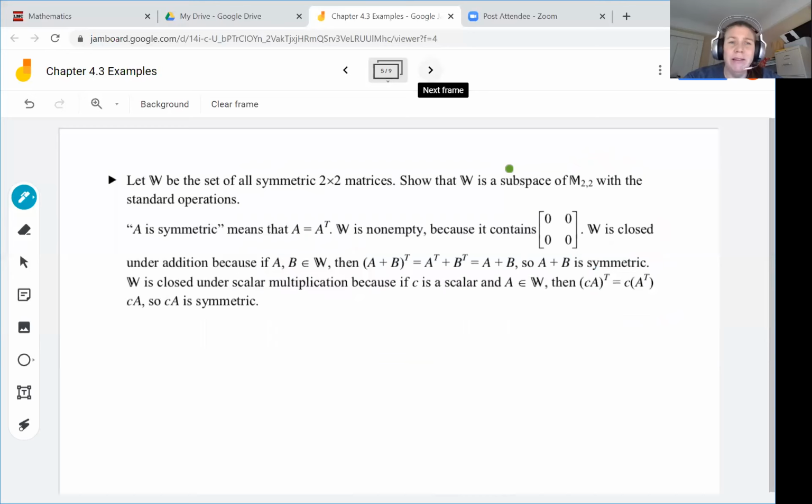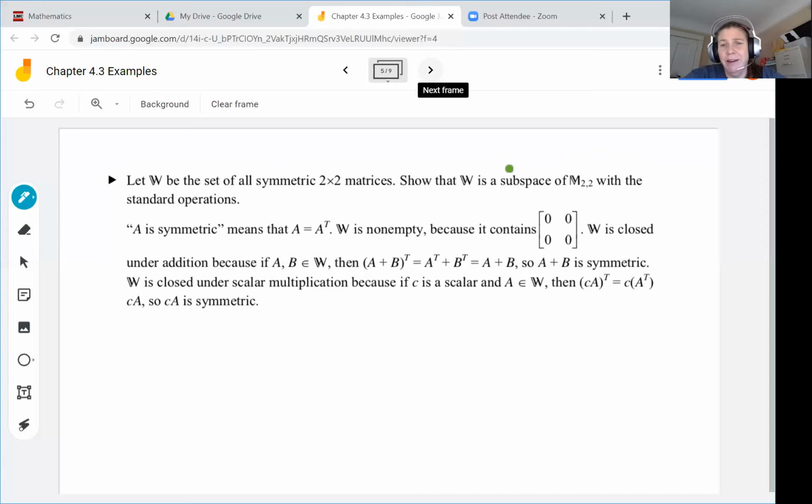All right, now we're going to let W be the set of all symmetric 2 by 2 matrices, and we're going to show that W is a subspace of the 2 by 2 matrices with the standard operations. Okay, so A is symmetric, meaning A is a symmetric matrix, means that A equals A transpose. So W is not empty. There are symmetric matrices that exist for the 2 by 2 matrices.